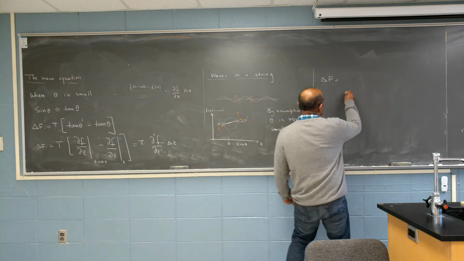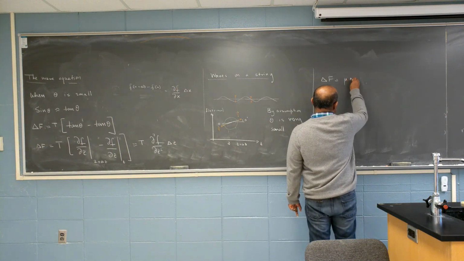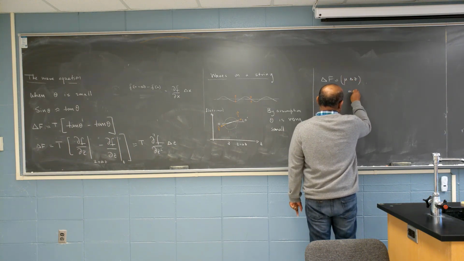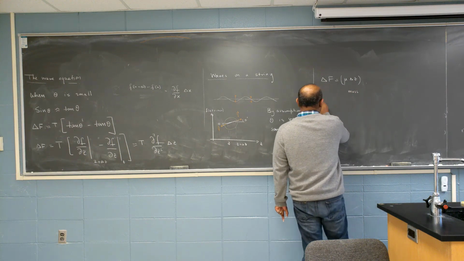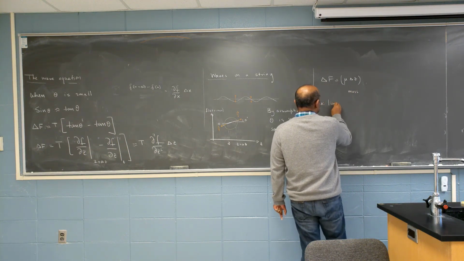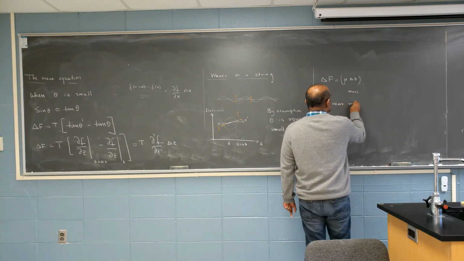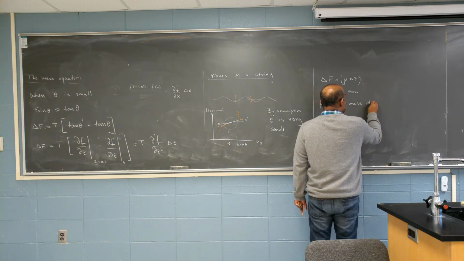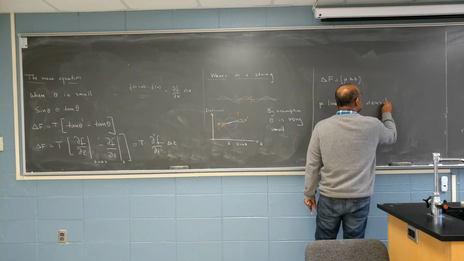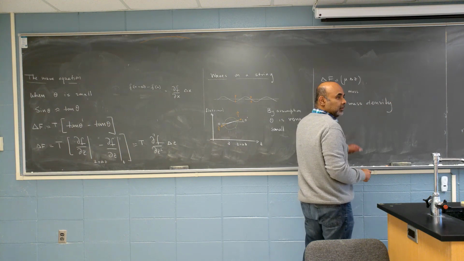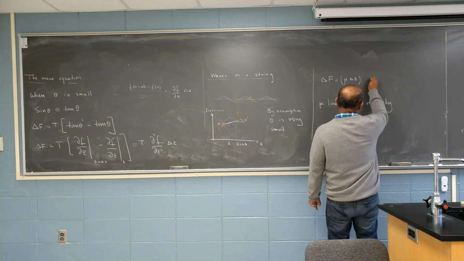Well, that is mu times delta z. That's the mass. And you might ask, what is mu? Mu is the linear mass density. Correct? Now I need acceleration.